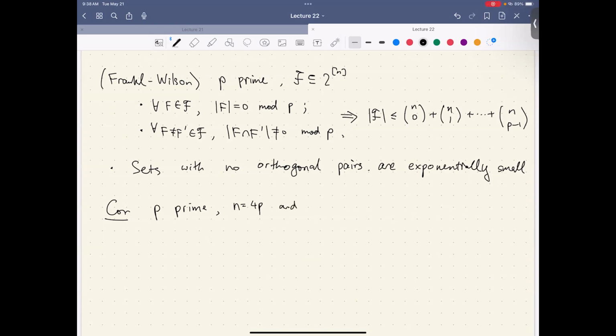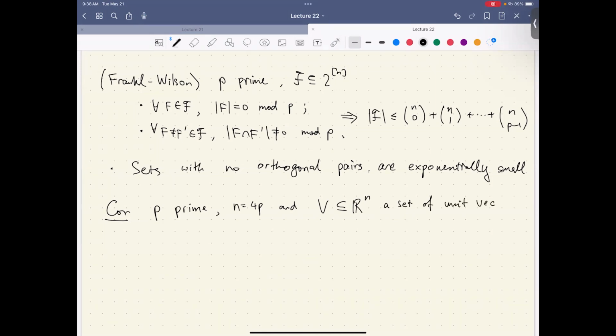And we have a set of vectors, let's call it V, which is a set of unit vectors in n dimensions.